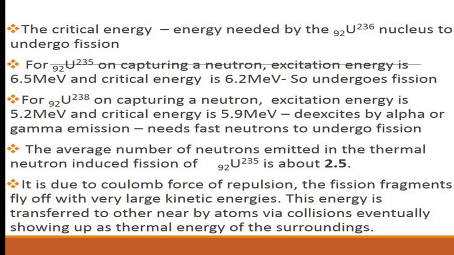This uranium can undergo fission if it gets bombarded with a fast neutron. Fast neutron means its energy will be more. So on colliding with the uranium 92 238 nucleus, this fast neutron will transfer its energy to the uranium 92 238 nucleus, so that it will have an excitation energy more than the critical energy, and it will undergo fission.